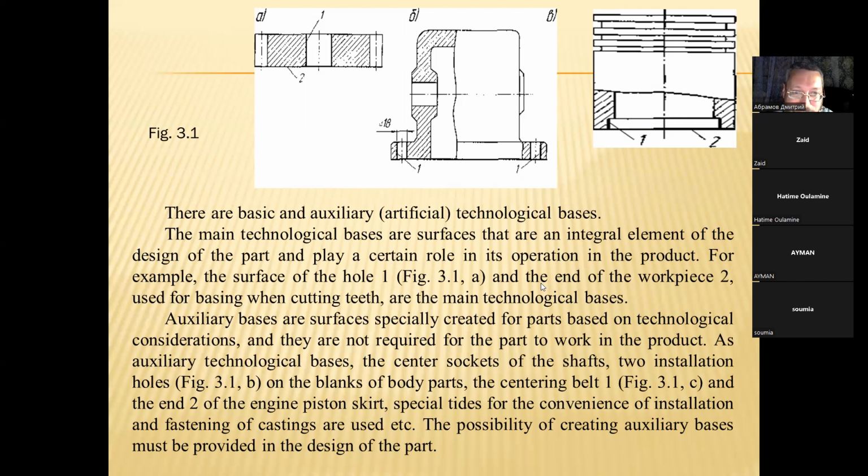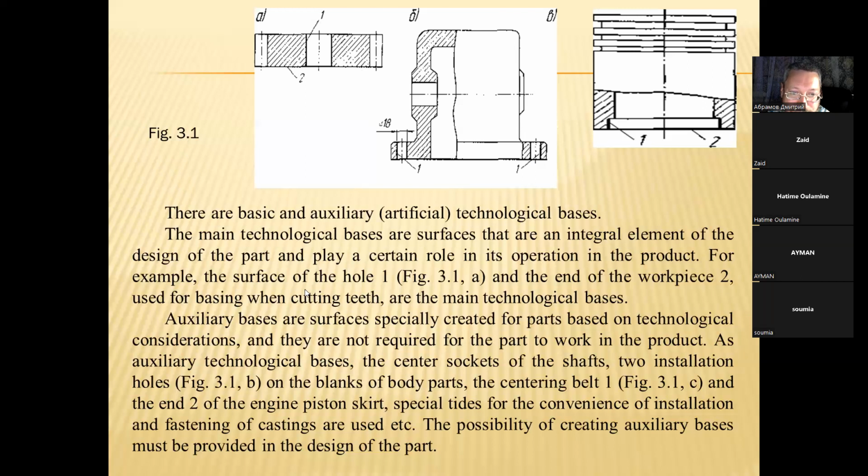The main technological bases are surfaces that are an integral element of the design of the part and play a certain role in its operation in the product. For example, figure 3.1.